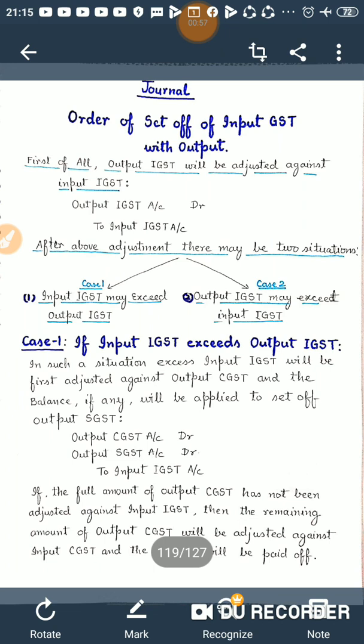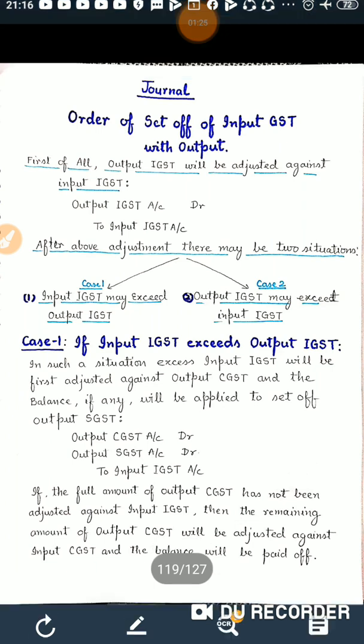Now, moving forward, today I would like to discuss how to set off input GST against output GST. As I told you, the government says whatever GST you have paid at the time of purchase or making payment of expenses, you can recover it by whatever output GST you have collected at the time of sale.